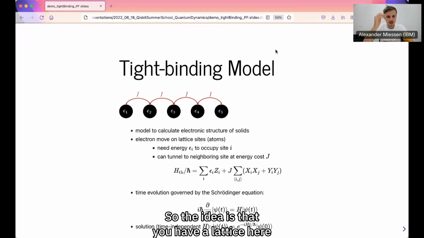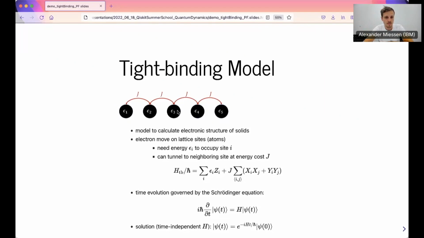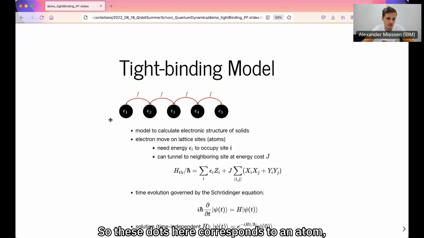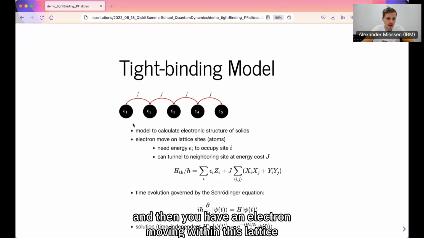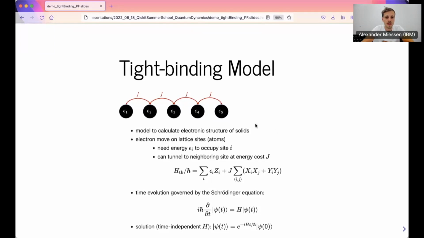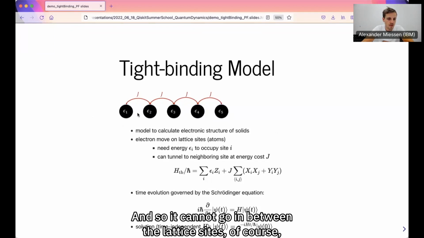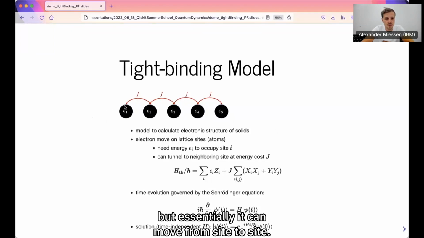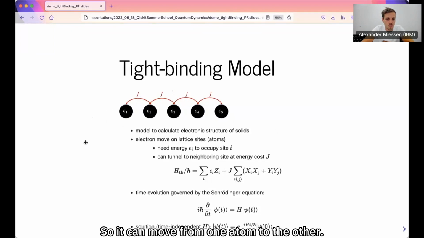So the idea is that you have a lattice here, and each lattice site, so these dots here, corresponds to an atom, and then you have an electron moving within this lattice or on these lattice sites, okay? And so it cannot go in between the lattice sites, of course, but essentially it can move from site to site, so it can move from one atom to the other.